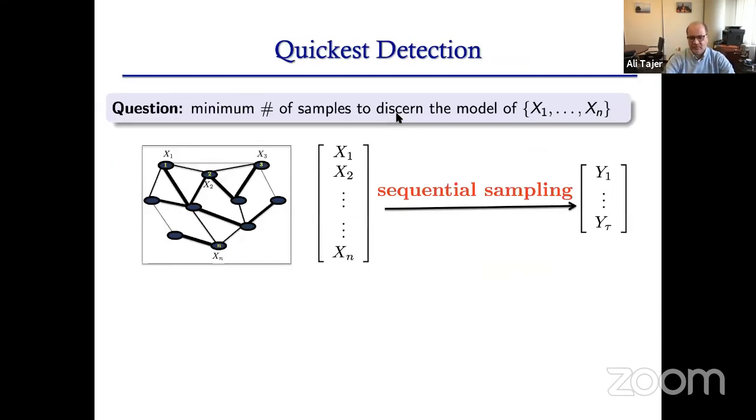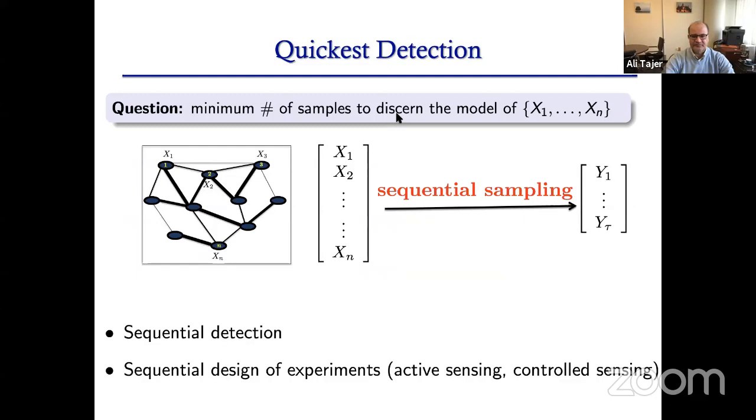So the formulation becomes as follows: given all the random variables that we have, let's say for simplicity, again, we have one random variable per node, x1 up to xn. Is there a way to sequentially sample them to a smaller vector that we call y1 up to y tau, based on which we can discern what the underlying model of these random variables is?